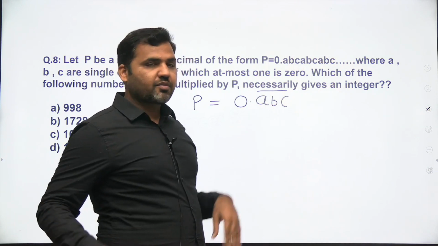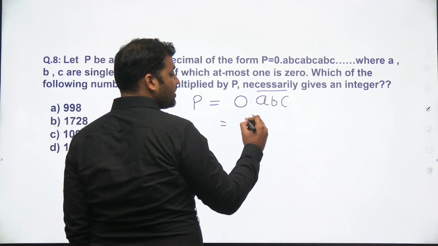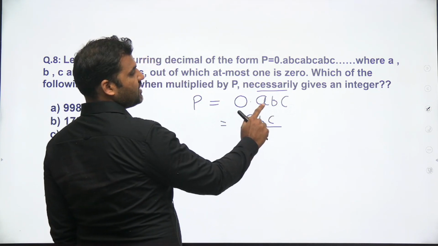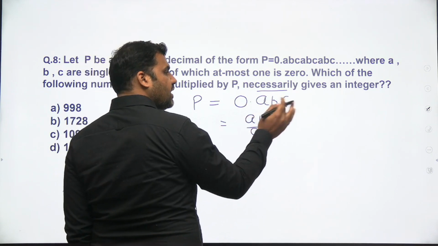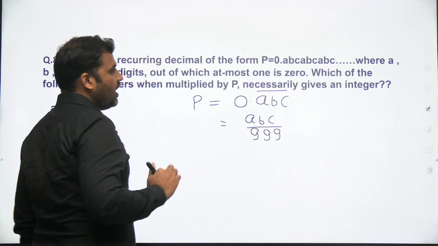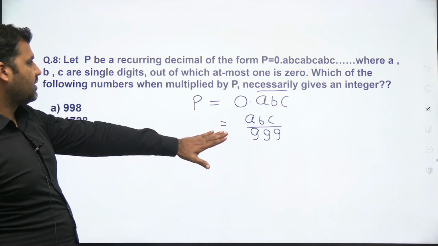So you have to place the bar on 3 digits. And we know the rule that the p upon q form of this number will be ABC upon as many 9s as the number of digits getting repeated. You have to put as many 9s below as there are digits repeating: 999.